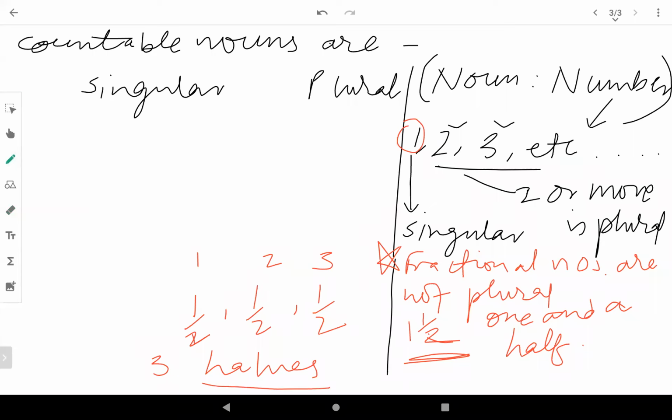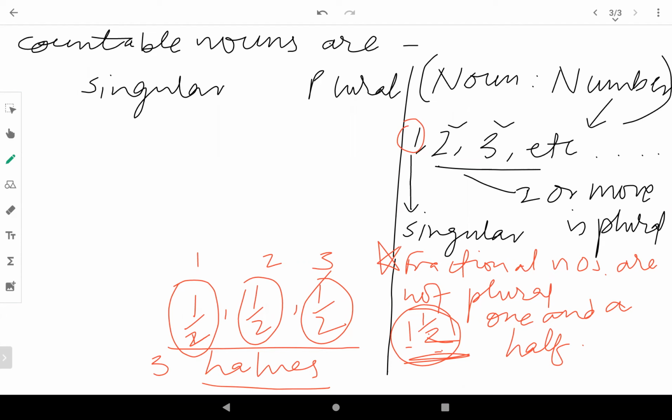So what I mean to say is that what you are counting should be in similar figures. But here you can see 1.5. These are not similar. One is whole and the other is a fraction. So such numbers in fractional form cannot be made plural. But if there are like fractions in more than one, like here, you have three similar fractions, so therefore three halves.